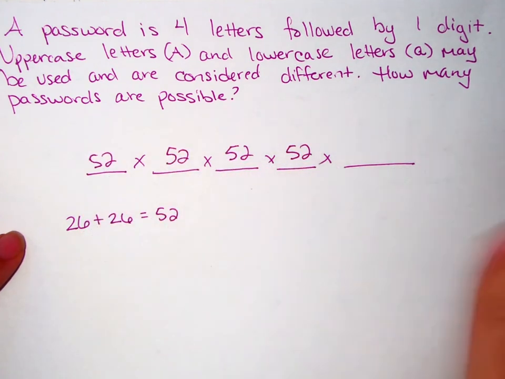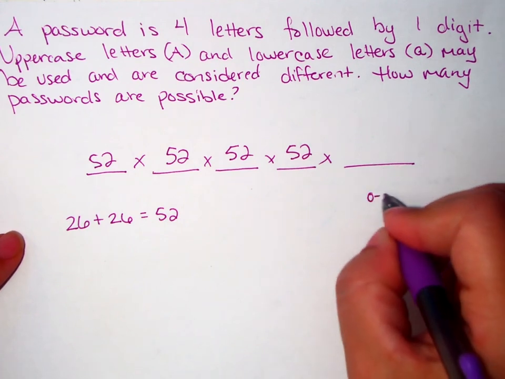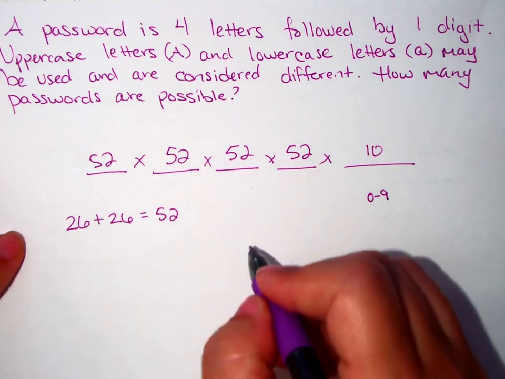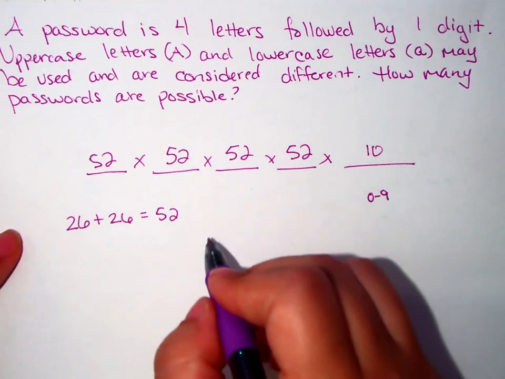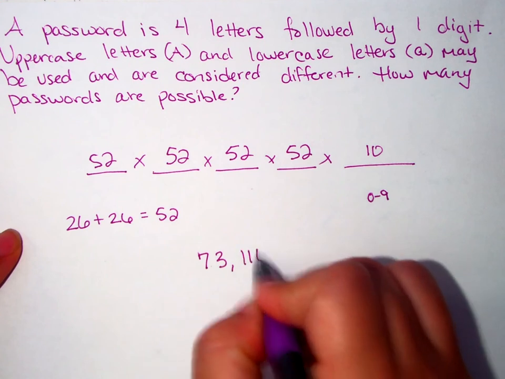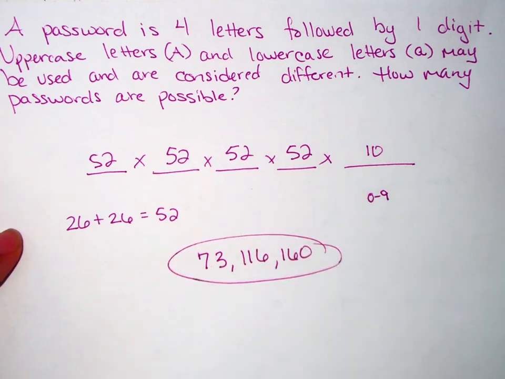And the last one is a digit. Again, digits are 0 through 9, and there are 10 of them. So use your calculator, and we are going to get 73,116,160.